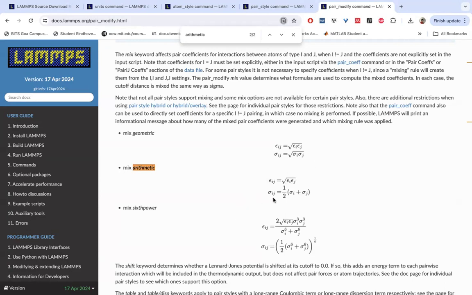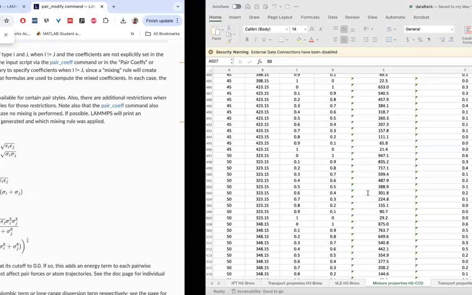Similarly, the sigma ij that you will use is half of the sum of sigma i and sigma j. These are called combining rules, which are very essential when you're simulating mixtures, because you need to specify how the species interact with each other.